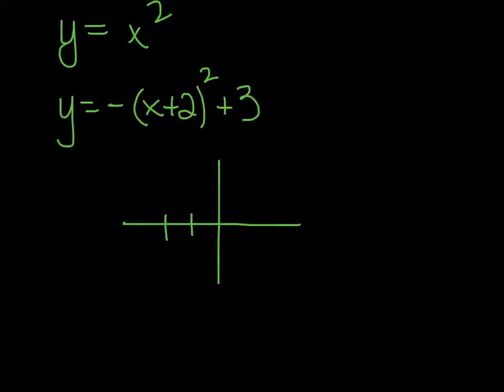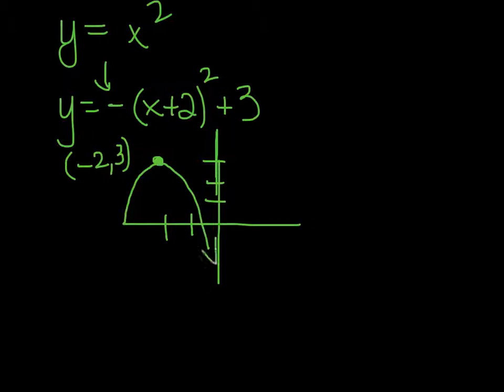But the number outside the parentheses is a 3, which means we have a vertical shift up 3. So your turning point is going to be right here at -2, comma 3. But this negative that we have here is just going to flip your parabola. Whenever there's a negative in front of the x squared, instead of the parabola pointing upward, it's going to point downward. So generally speaking, it's going to behave like that.